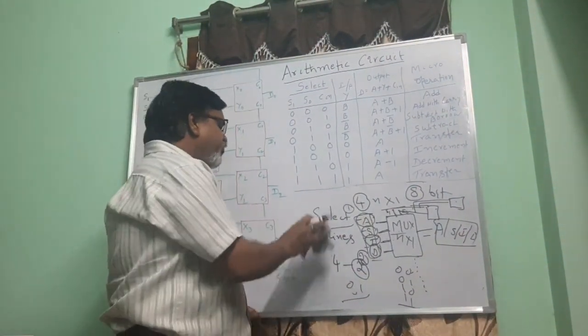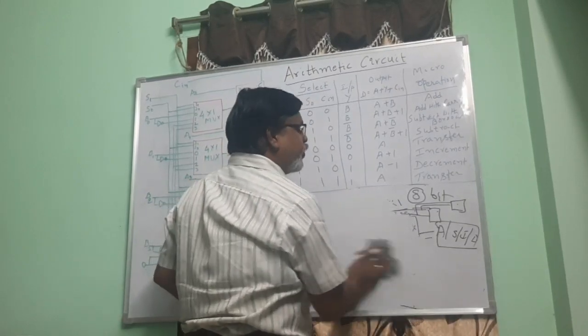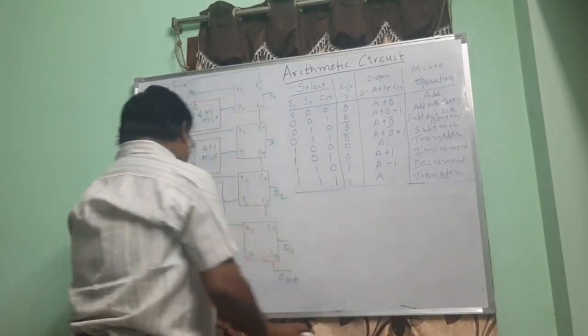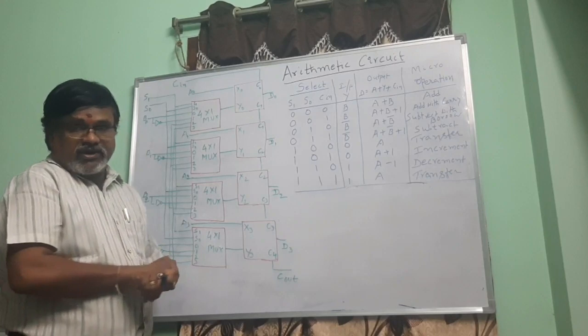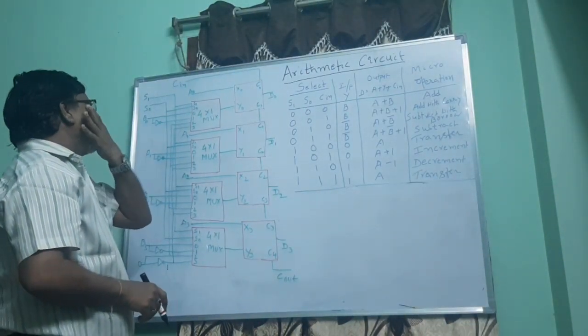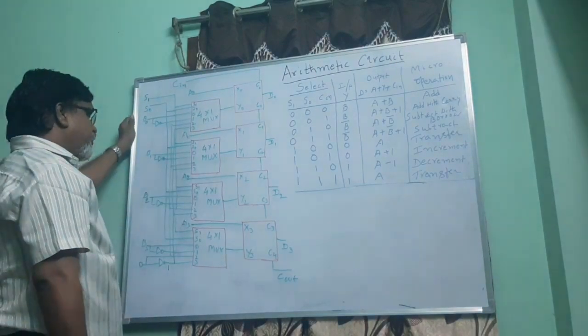Now let us see how all the 4 operations are performed in a single circuit with the output combination. For the sake of time saving, before starting the class itself, this diagram has been drawn with the corresponding table over there.